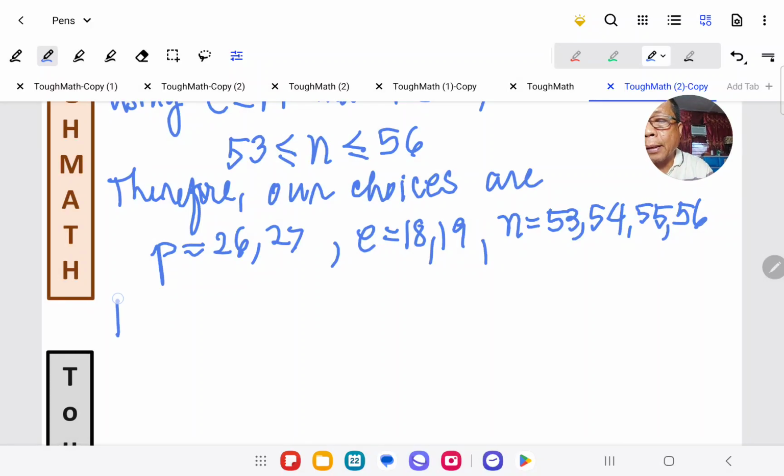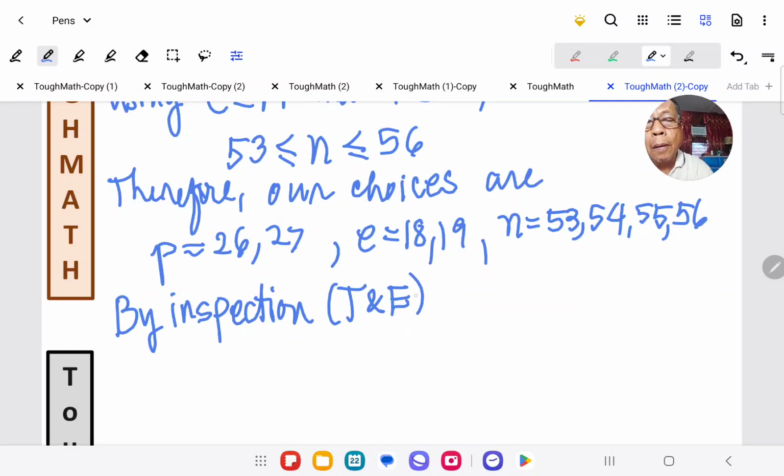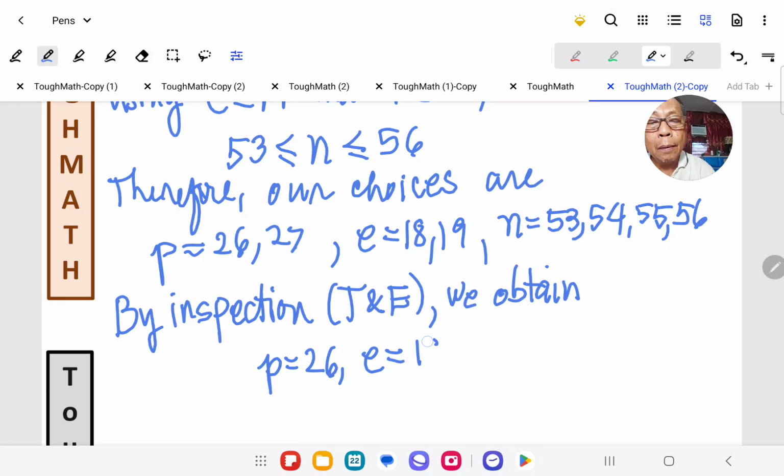By inspection or by trial and error, we obtain P equals 26, E is equal to 19, and N is equal to 55.